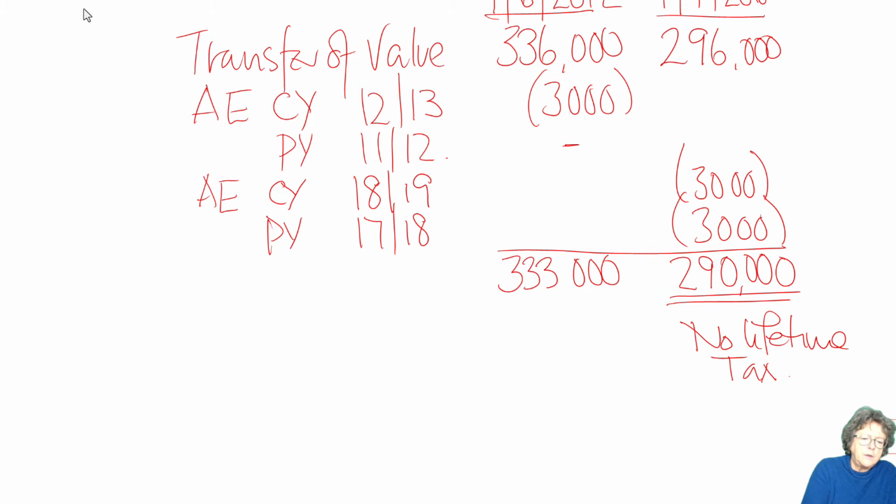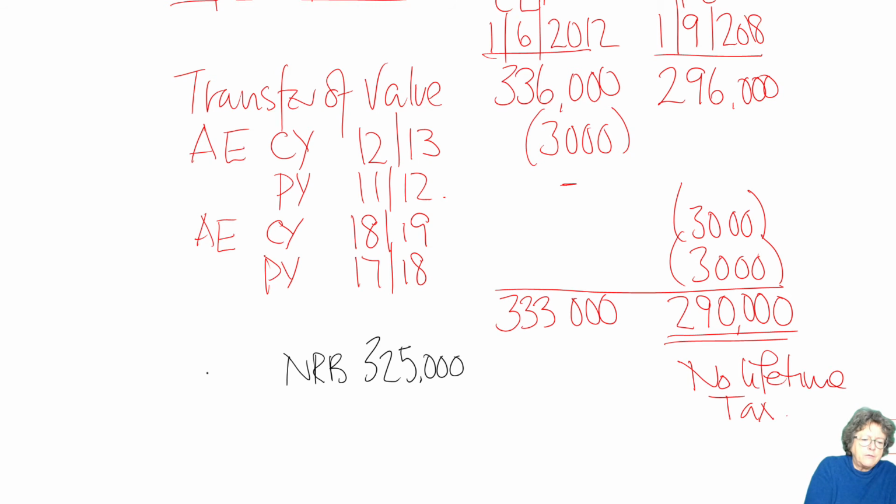There you go. Nil rate band, indented, 325,000. Now we need to look back 7 years from June 2012 to the 1st of June 2005.